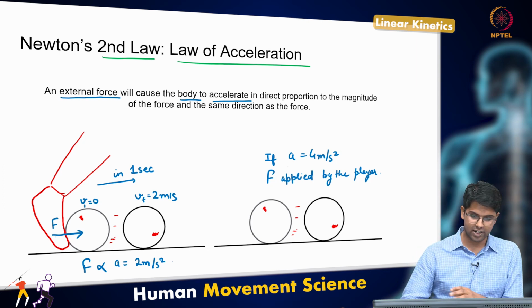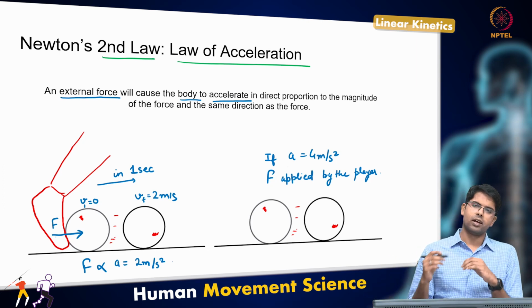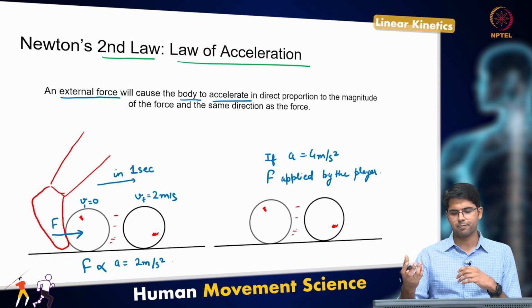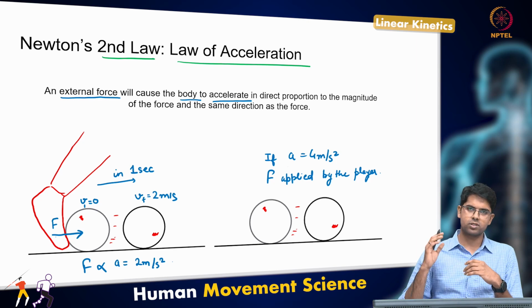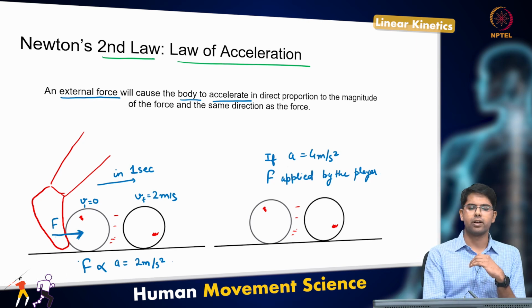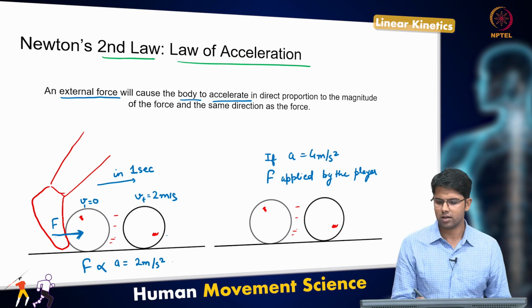So the second law basically tells you how a force applied will impact a particular body, right? If I apply a force in a particular direction, the acceleration of this body will be in that same direction, in the direction of the net force that is acting on the body.